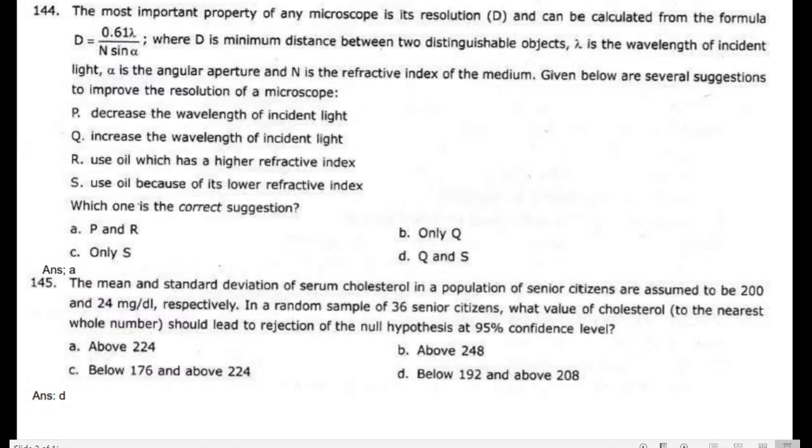First they provide the equation for the resolution, and then they explain the terms.